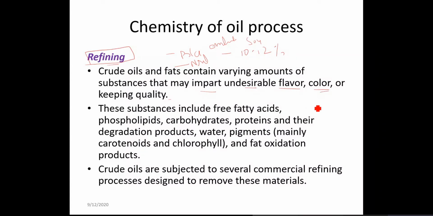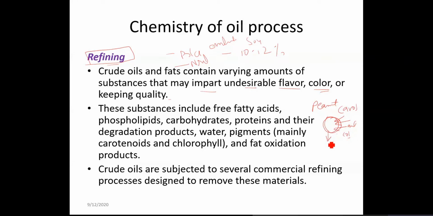Color means, for example, you have peanut. When you take the peanut and extract the oil from it, the peanut has a lot of carotenoids or pigments, like the skin of the peanut is pink in color because of anthocyanin and certain coloring pigments. Pigments like chlorophyll, carotenoids, and anthocyanin are fat soluble.